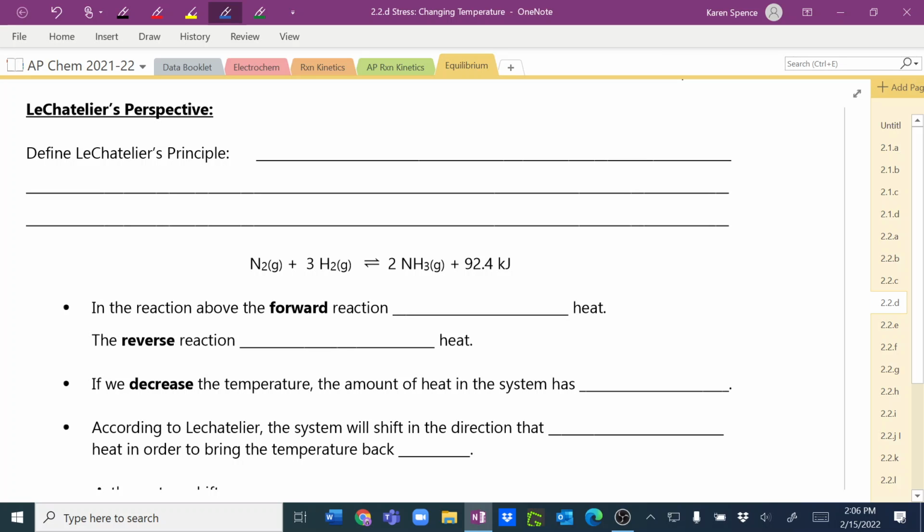Does anyone want to commit to a definition that they would like to share with us? You guys are too scared? Yes.